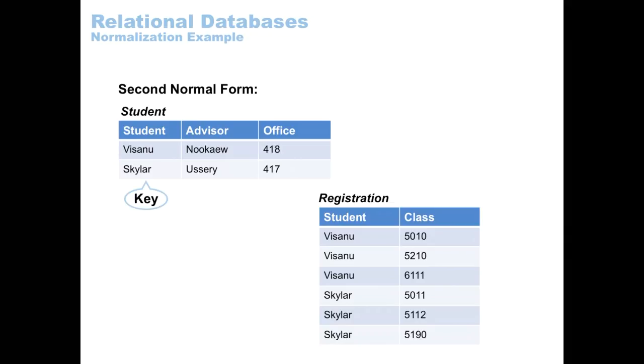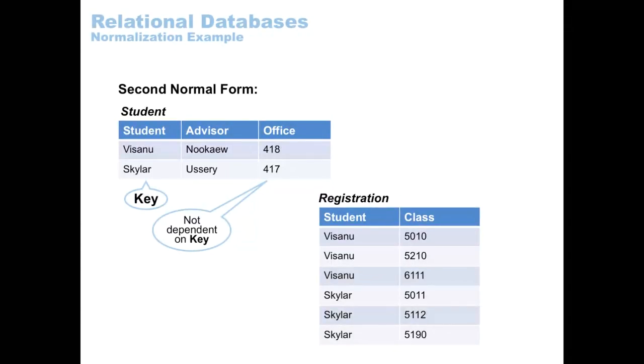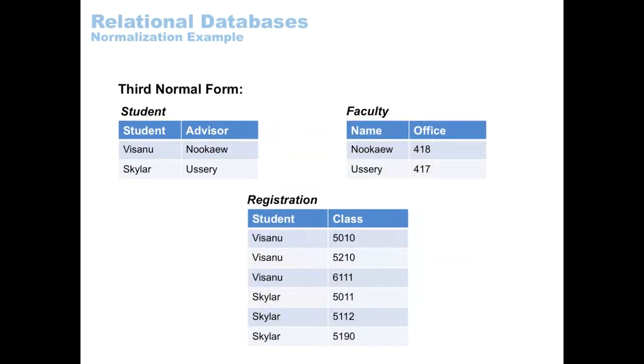And that is, in the student table, we have a key here, and we have a column that's not dependent upon the key at all. So Dave's office number has nothing to do with Skylar. And so to get rid of this problem, we create another table, and at this point now we're in third normal form.